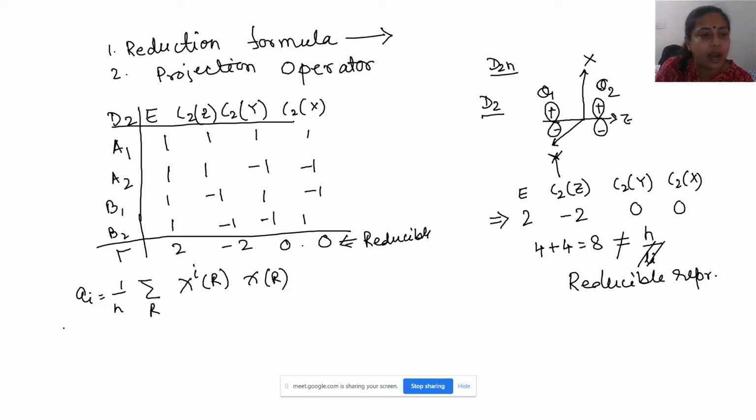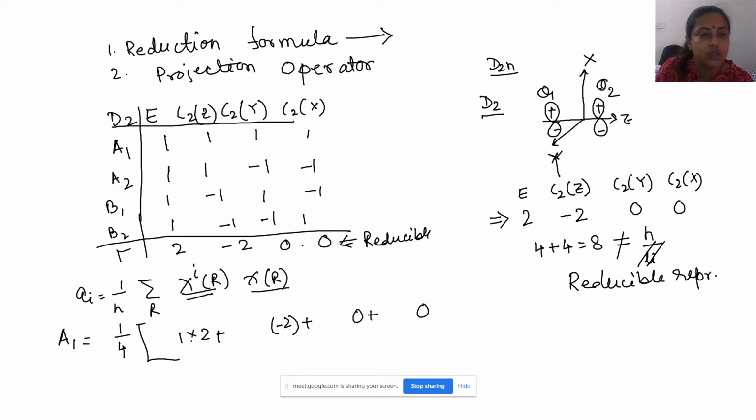First, let me find out the contribution of A1. So this is going to be 1 by h, that is 4. First I will write the character of the reducible representation. Then I will write down the character of the irreducible representation corresponding to A1.